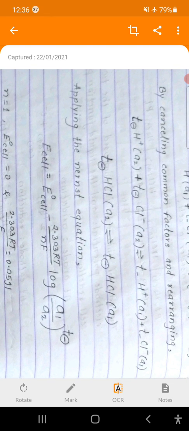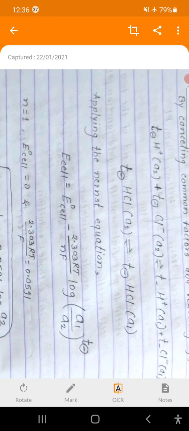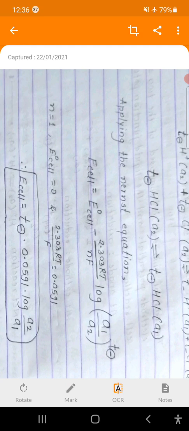Then applying the next equation, E cell is equal to E standard cell minus 2.303 RT upon nF log of A1 upon A2, raised to t minus.